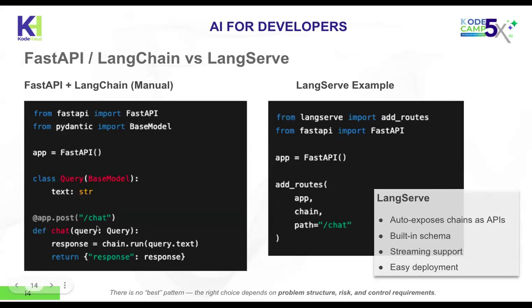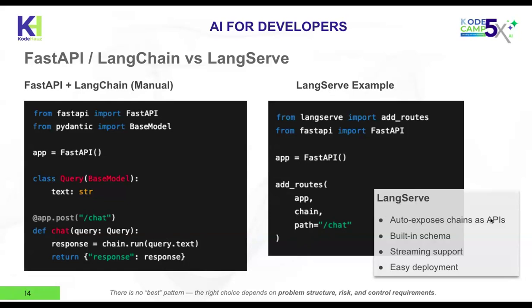App.post kind of thing if you're using FastAPI, and then you run the chain, okay? And then you get the responses. But if you're using LangServe, you can see the code is much easier, right? You just use add routes and then you specify the app, you specify the chain, and then you specify the path. The beauty of using LangServe is that LangServe will automatically expose chains as APIs or runnables in general.